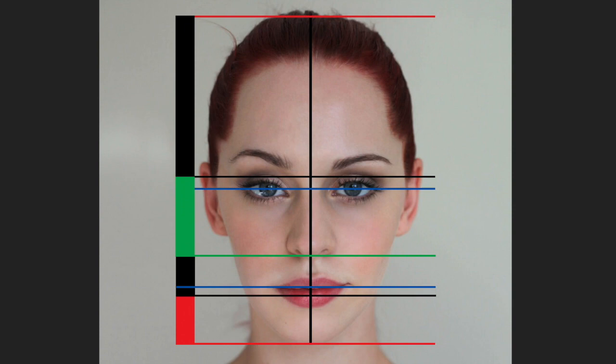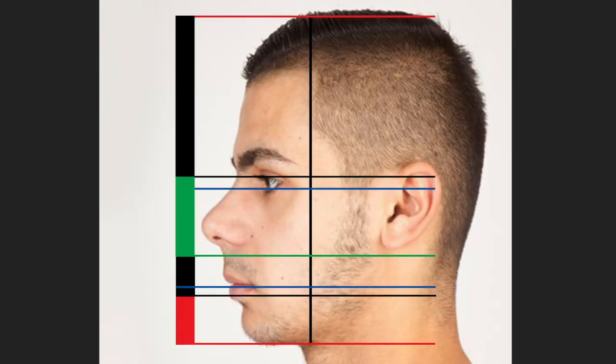So let's go ahead and look at another face, and let's take a look at where he lines up. So this guy's eyes are a little higher, okay? And I tried to account for the hair here a little bit, so it could be a little bit off, but this is giving us about.